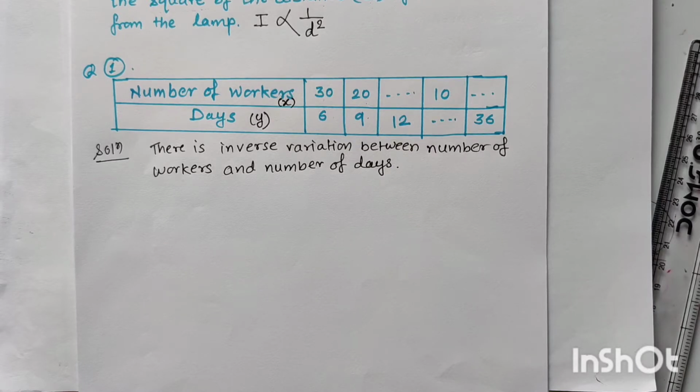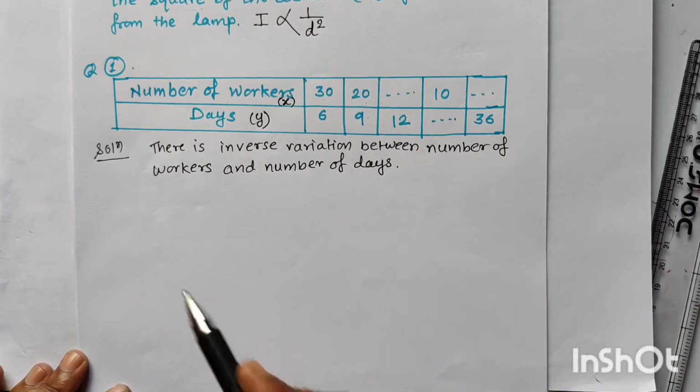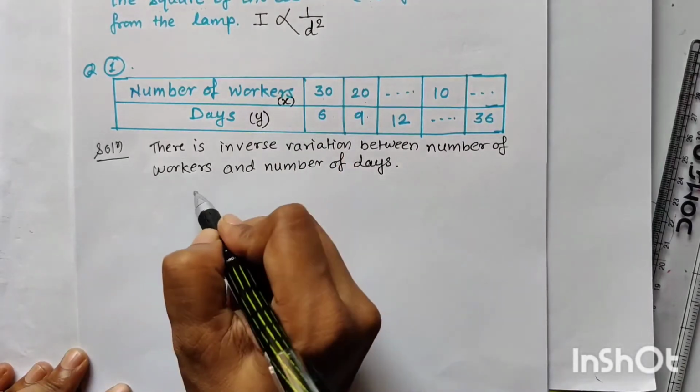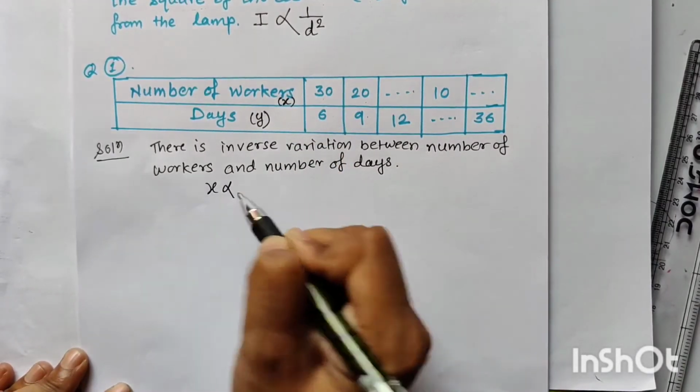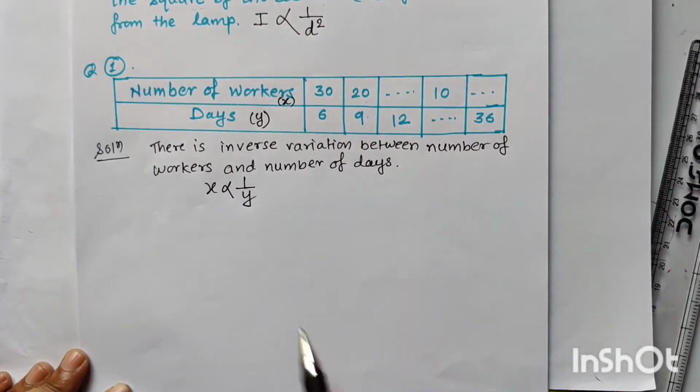So when the number of workers increases, the number of days decreases. That is the example of inverse variation. So how to write it in the symbol form? x varies inversely with y.